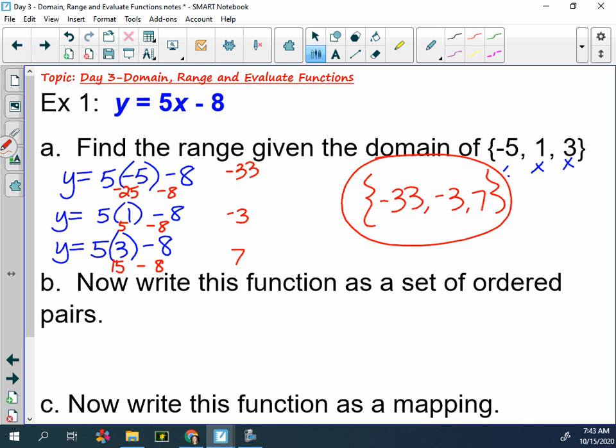All right. So again, input, output, just getting used to new vocabulary. There are multiple ways to see those. Now let's put it back together in an ordered pair. An ordered pair looks like parentheses, x comma y. Let's bring these back together, input with its corresponding output. I plugged in a negative 5, I got a negative 33.